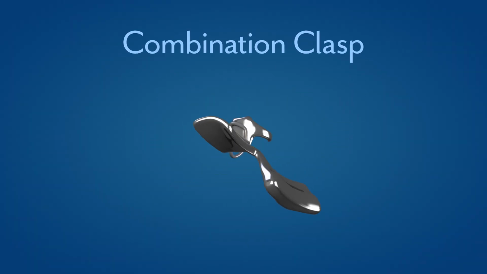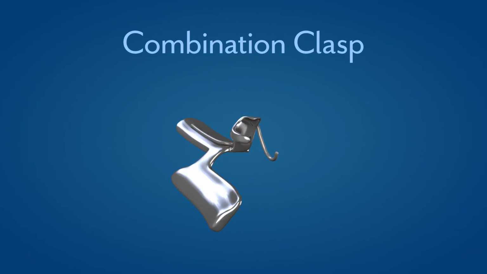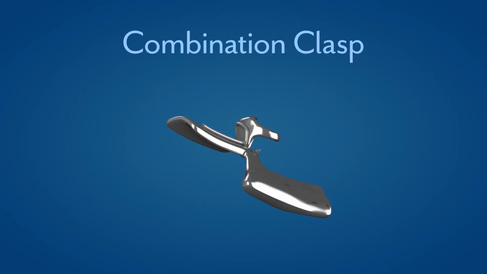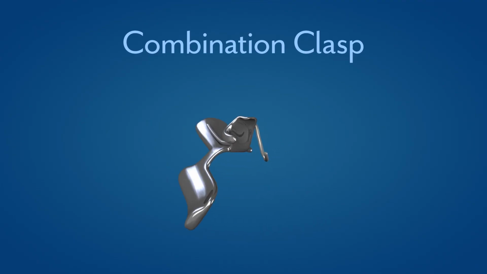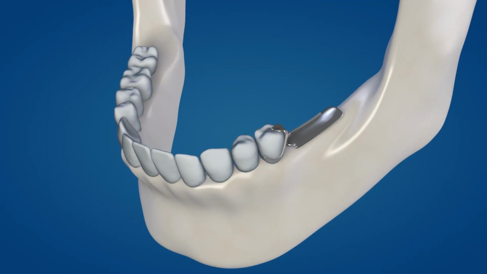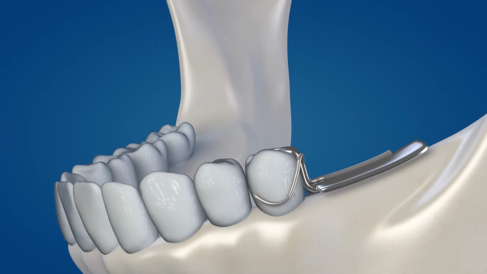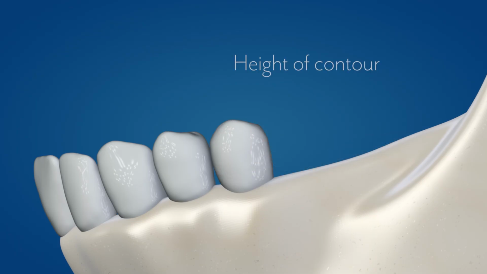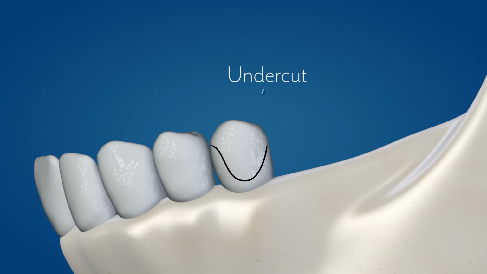Next, we will discuss the combination clasp, and many aspects of the combination clasp will appear familiar. For instance, the height of contour and measured undercut are in positions that are reminiscent of the circlet clasp.